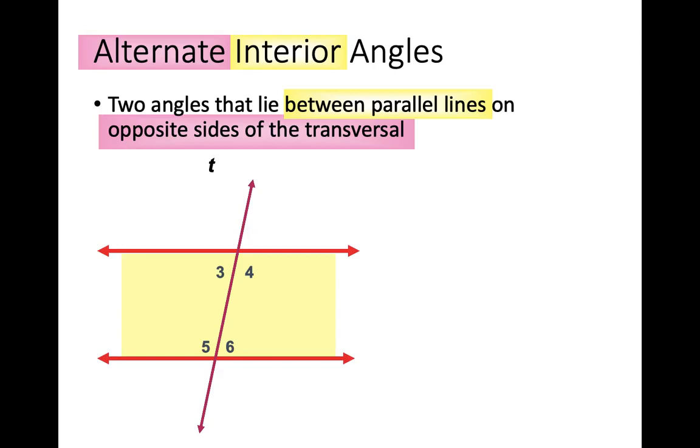That's what alternate means. So for example, in this one, 3 and 6 would be alternate interior angles, or 4 and 5 would be alternate interior angles. These are examples of alternate interior angles because they're on the interior, and alternate means opposite sides of the transversal. So 3 and 6 in this example, and 4 and 5 would be alternate interior angles.